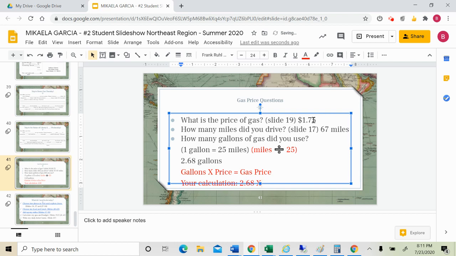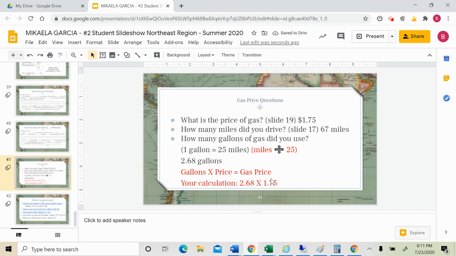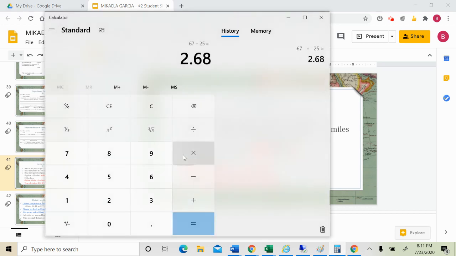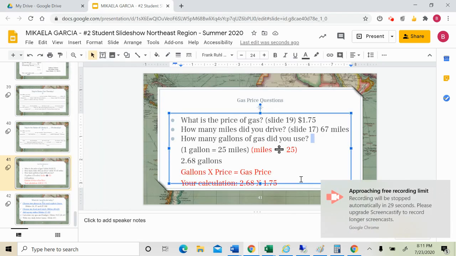So the price that we got for question 1 is 1.75. So we would do 2.68 times 1.75. I'm bringing up my calculator right here and multiplying it by 1.75. So that means that we spent $4.69 for the day.